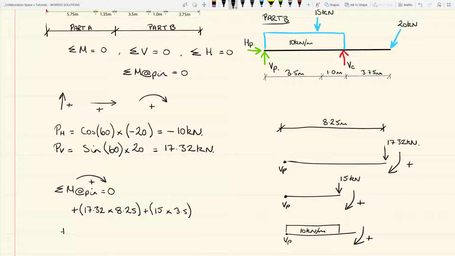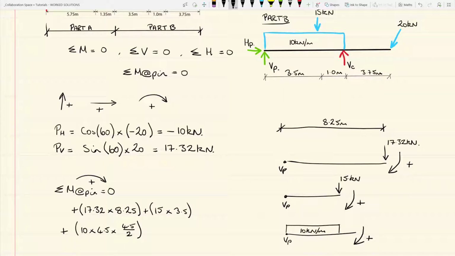So we can say plus the UD load, and that is 10, the magnitude of the load, times the distance over which it acts, which is a total of 4.5 meters, times its lever arm, 4.5 over 2.